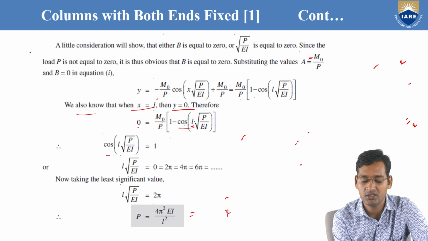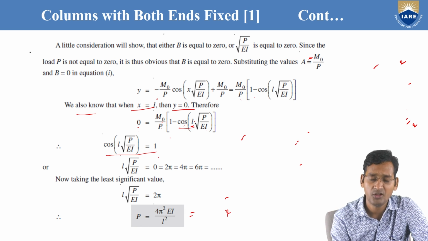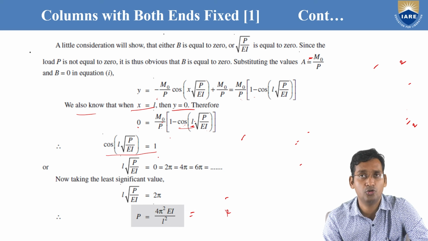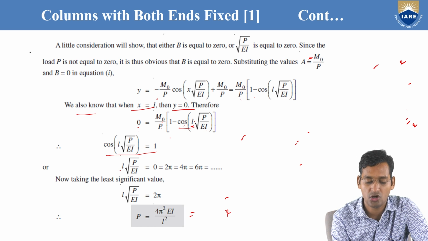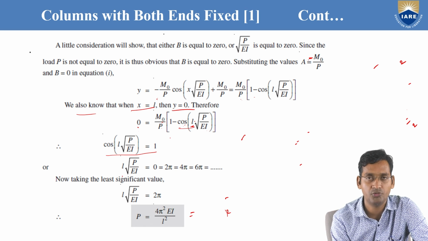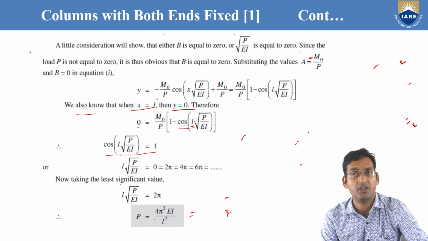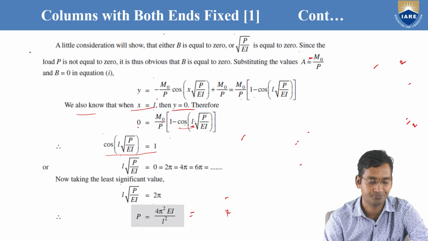So you will get cos of L root P by EI equals 1. For cos equal to 1, the angle is 0, 2 pi, 4 pi, but we require the least significant value, so cos 2 pi. So cos of L root P by EI equals cos 2 pi, and now we can remove the cos. So L root P by EI equals 2 pi. Squaring both sides, L square P by EI equals 4 pi square. Hence P equals 4 pi square EI by L square.